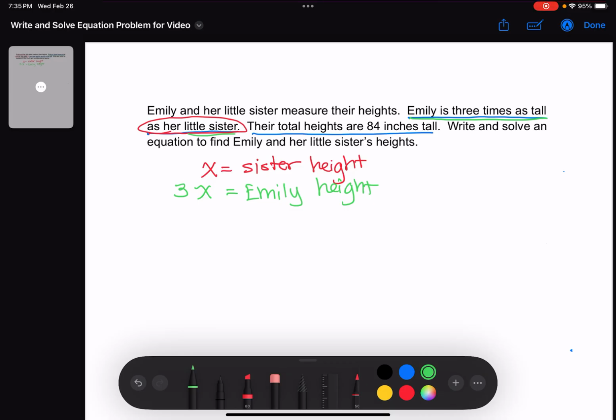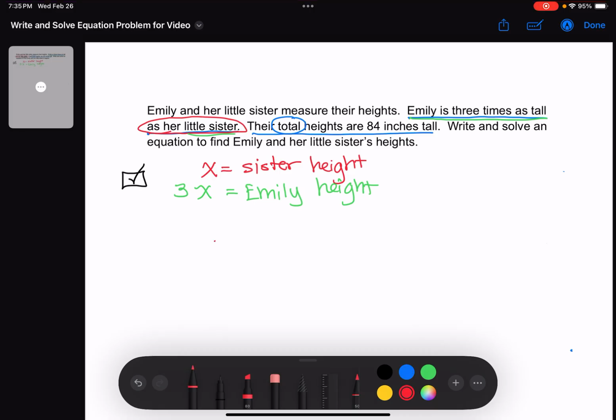So we've done the first thing on our checklist, which is to identify or define the variable. Our next thing is to write an equation. So we're going to use Emily's height and her sister's height and this word total to equal the 84 in order to write our equation.